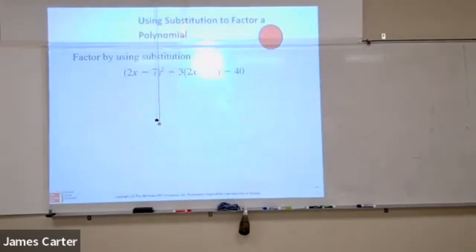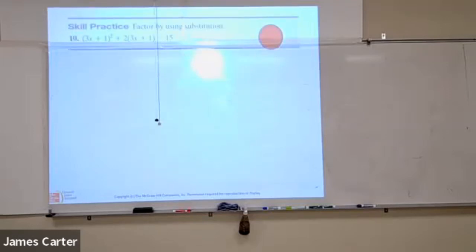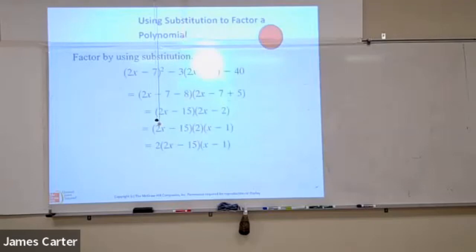Well, anyway, that's the original one. All we're doing is temporarily replacing that parentheses with a u, factoring it, and then putting the parentheses back in. Apparently they can factor a 2 out of both of those.